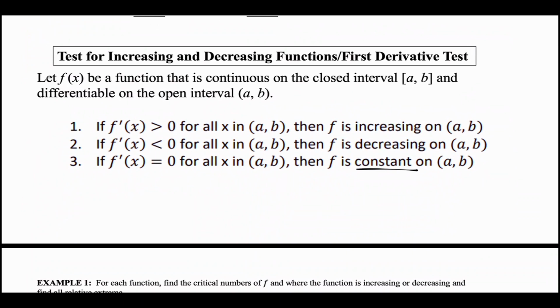If the first derivative is positive, it's increasing. If the first derivative is negative, it's decreasing. When the first derivative is 0, it's doing neither. So which of those are critical values? 1, 2, or 3? When are we going to get critical values? Yeah, when it's constant, when it's equal to 0.